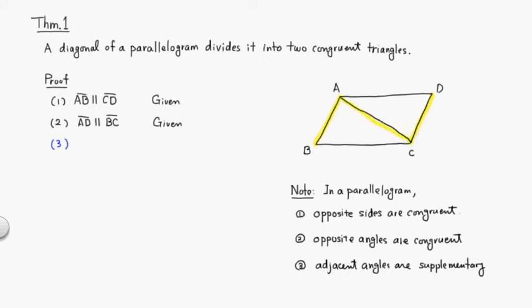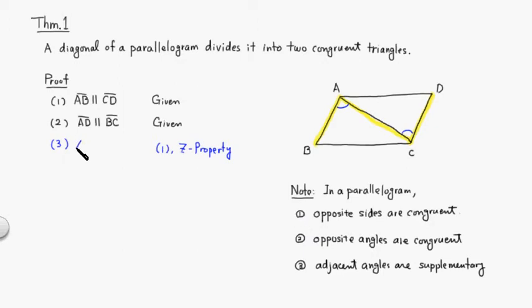So I'm using the fact that AB is parallel to CD, along with the Z property, to show that the angle here is congruent to the angle there, right?